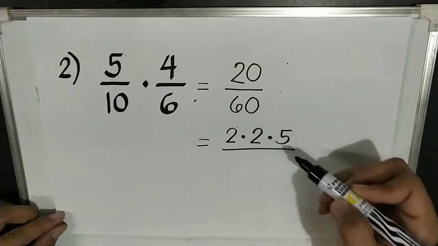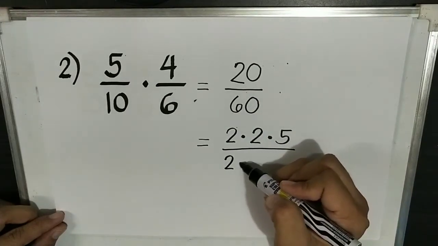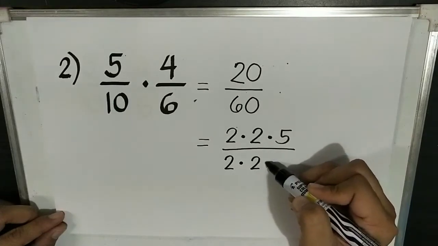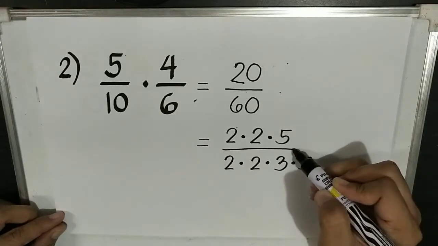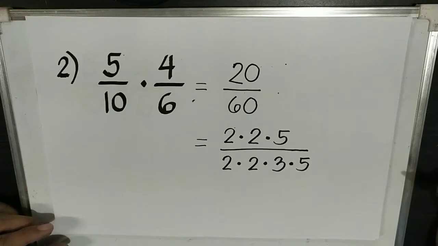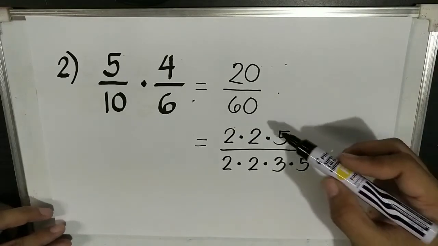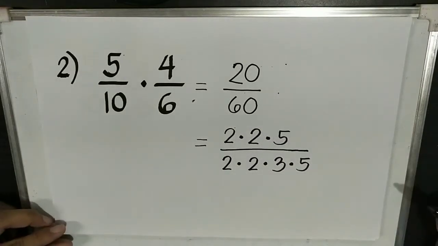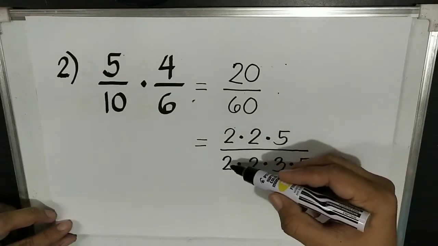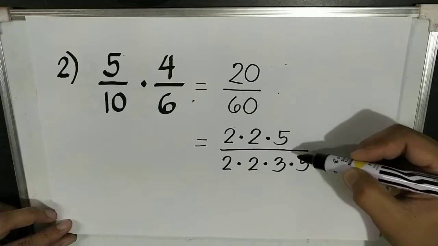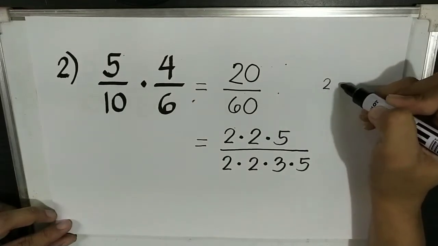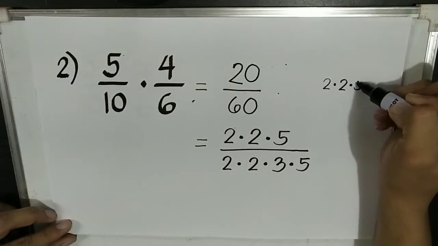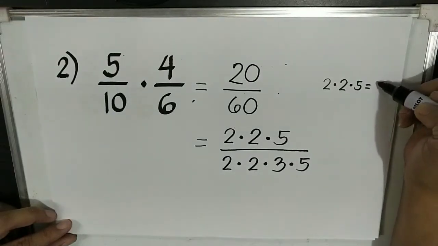Then prime factorization of 60, we have 2 times 2 times 3 times 5.